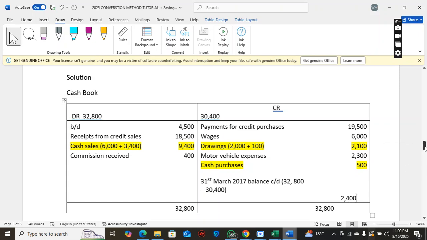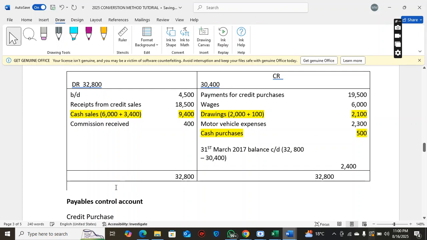Then you say balance brought down 1st April 2018, 2,400. Any questions?